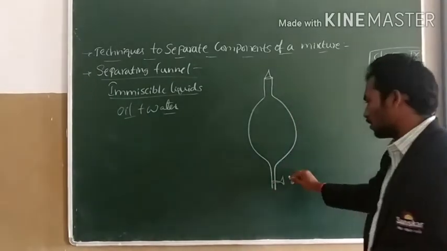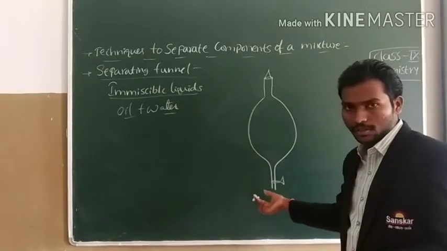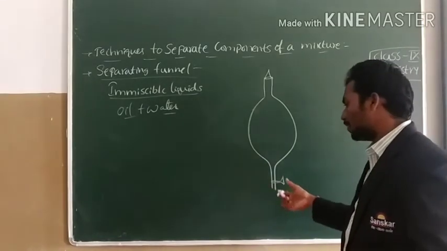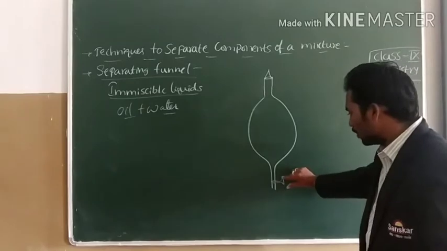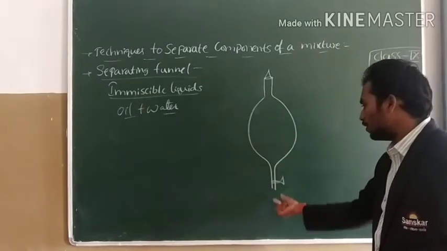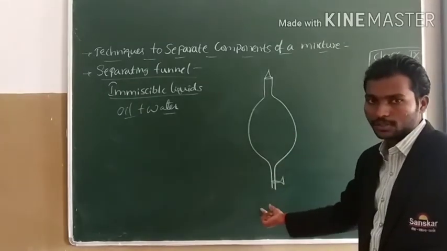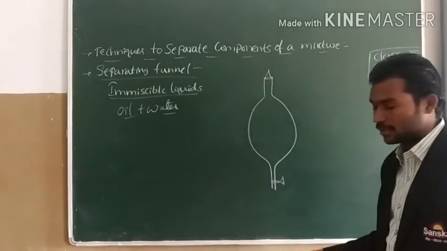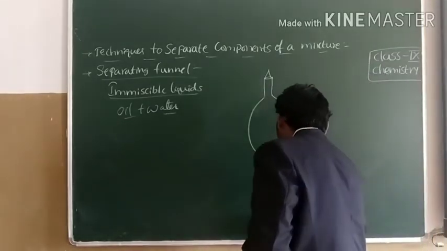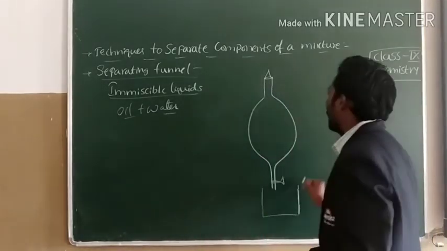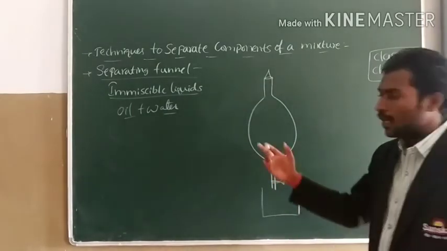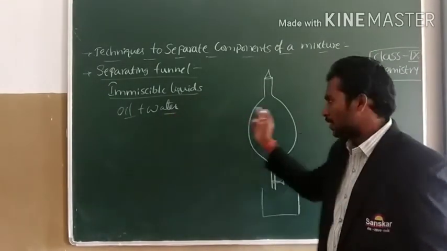This is the cork of the separating funnel. So when you turn it on, the liquid will flow through the separating funnel, and we place the beaker below this. Let us take an immiscible liquid mixture in a separating funnel.